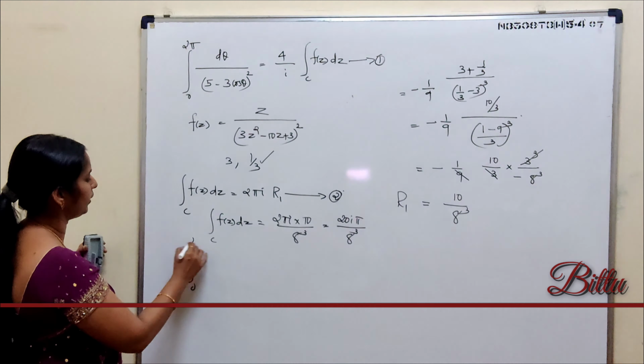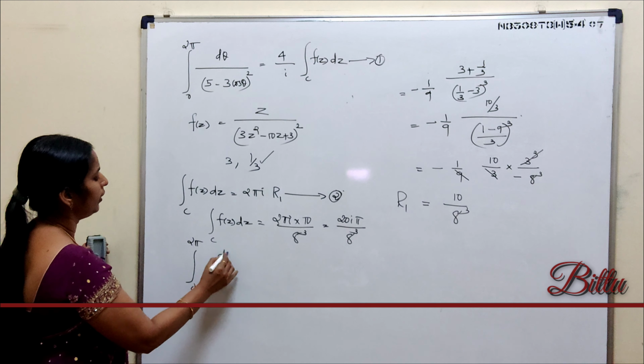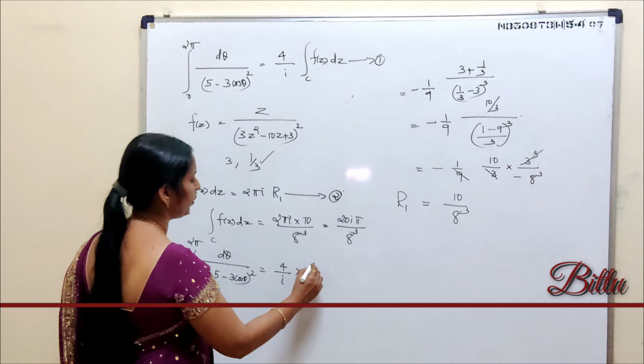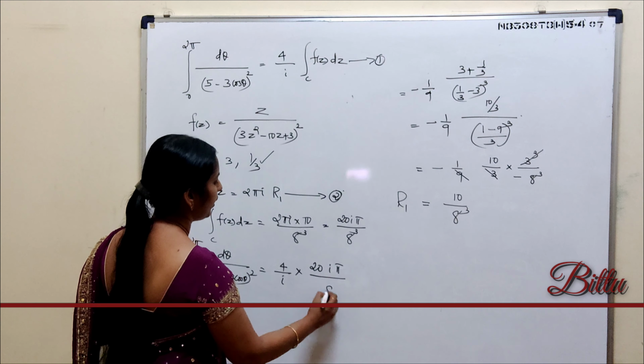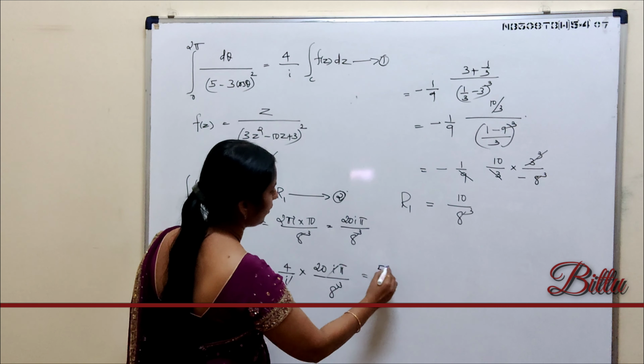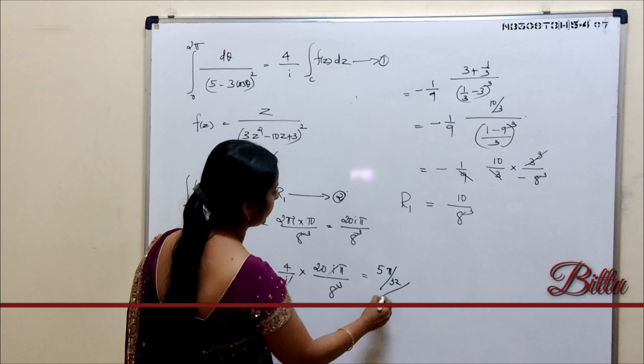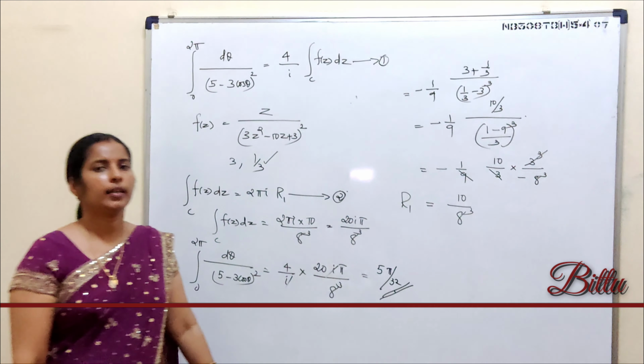We have integral 0 to 2 pi d theta by 5 minus 3 cos theta the whole square is 4 by i into 20 i pi by 8 cube, and you can see it is 5 pi by 32. So this is the answer of the given integral.